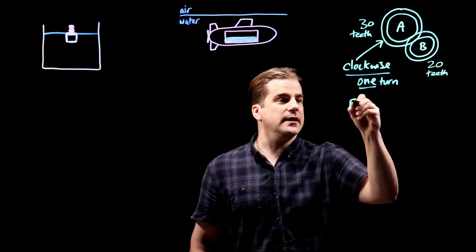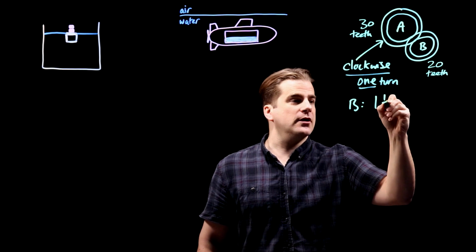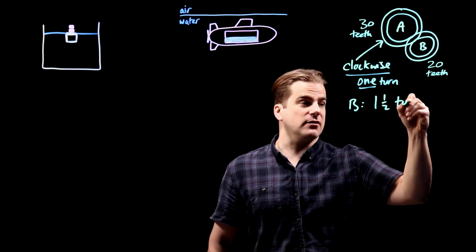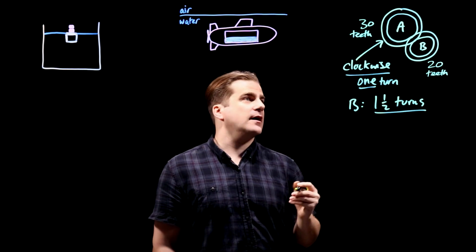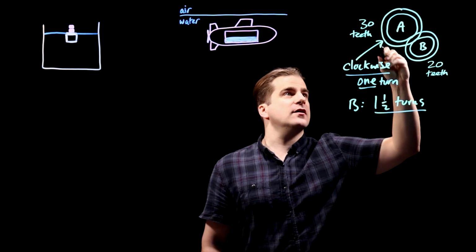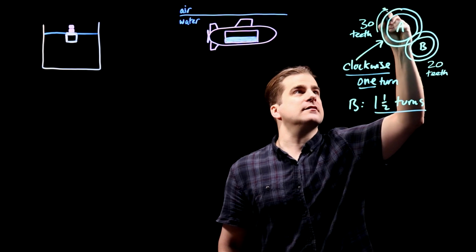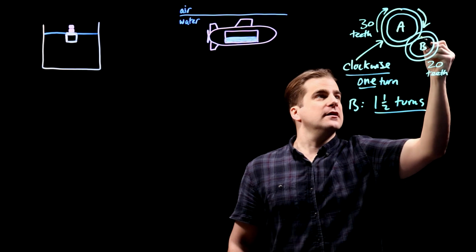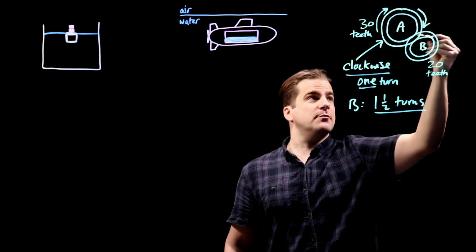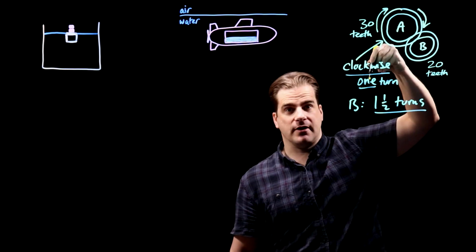So B will have 1.5 turns or rotations, and if A is turning clockwise like so, that means this bit is going in that direction. It's going to push that part of B in the same direction, right?